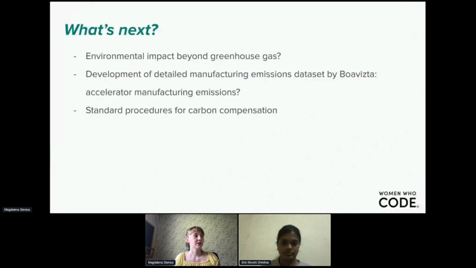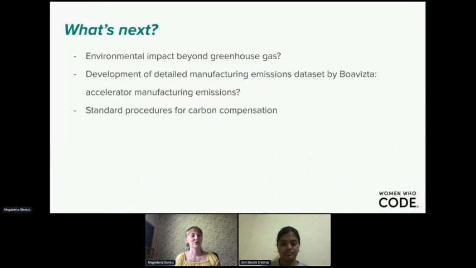We also would like to make a special note of the Boavizta manufacturing emissions dataset. We would really hope to see it grow and more companies contributing to it, and also more and more of the hardware manufacturers adding this transparency of the hardware's environmental impact and carbon footprint.